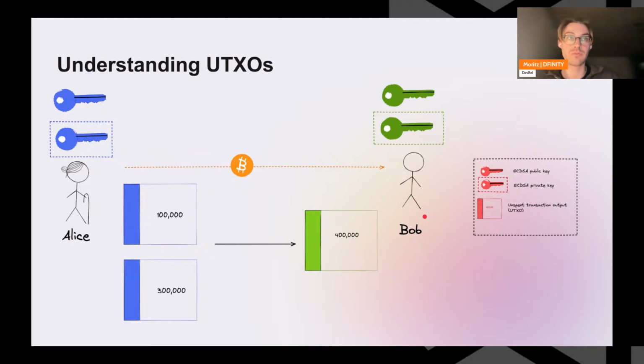To do this, Alice has to consume the two unspent transaction outputs, or UTXOs, on the left-hand side here in blue. They both together add up to the 400K sats that she wants to send to Bob. The boxed key here is the private key, the unboxed key is the public key. And this basically indicates Alice, who apparently is very old, sending Bitcoin over to Bob.